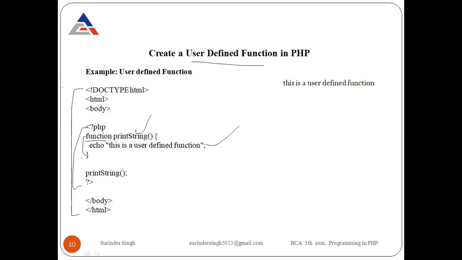Here we have closed this function, and this is the function call statement print string. This is the function name followed by round brackets, and then it will transfer the control to this function definition, and the function will execute. Okay, and it will print this is a user defined function.